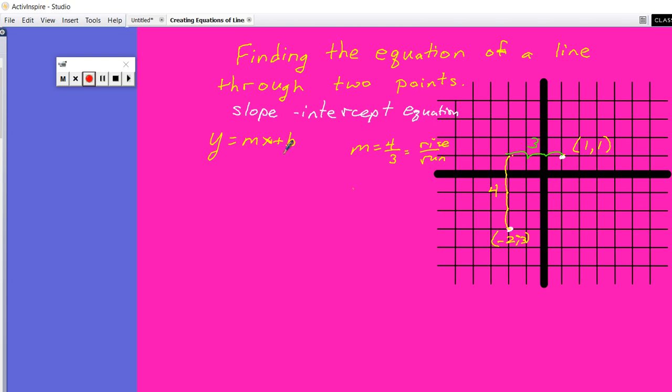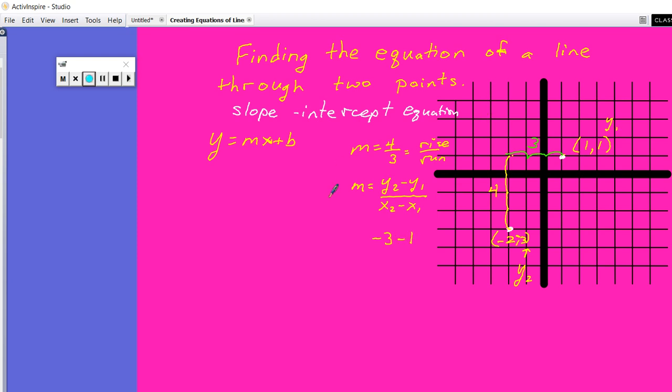To find the slope from 2 points, we take the y's and subtract them from each other, and we take the difference of the x's. So if I call this my second point, my second y is negative 3. So this is y2. That's what that little 2 means. That's my second y. y1 is 1.